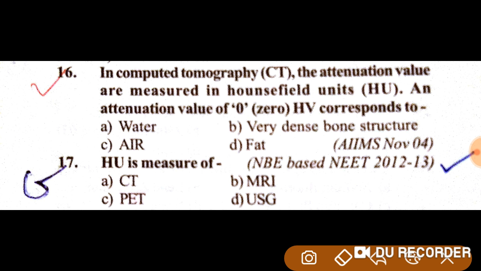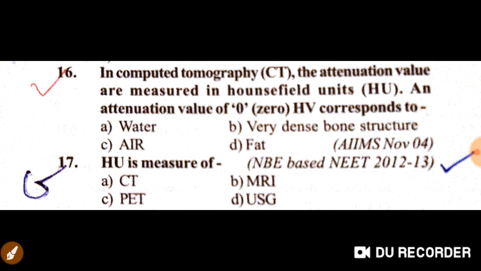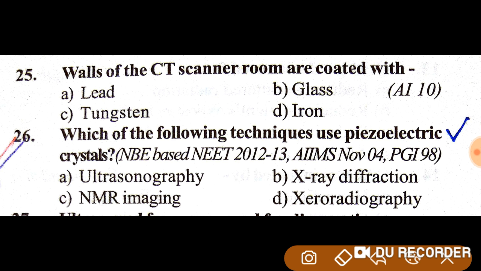Okay, let's start. In computed tomography, the attenuation values are measured in Hounsfield units. An attenuation value of 0 corresponds to water. Hounsfield unit is the measure of CT scan. Now the walls of a CT scanner room are coated with lead.